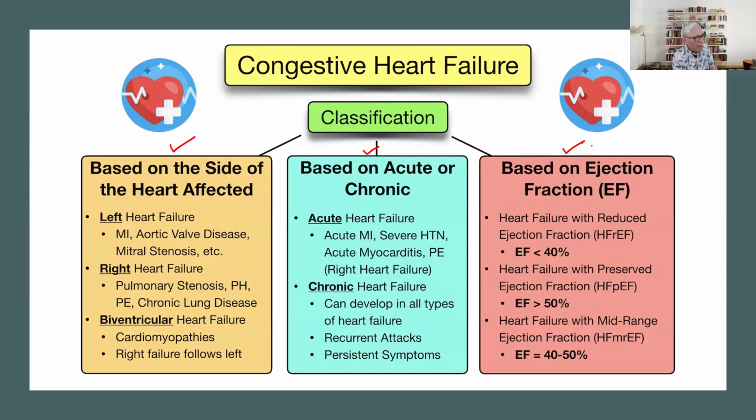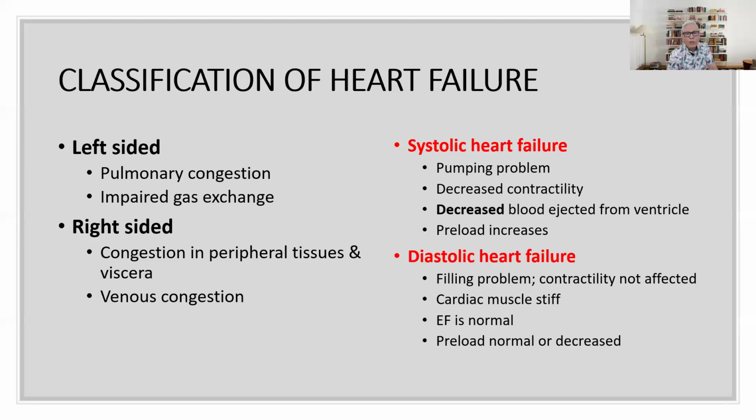So let's talk about these different kinds of heart failure. Let's go first to the side of the heart that is affected. You could either have a left-sided heart failure or a right-sided heart failure.